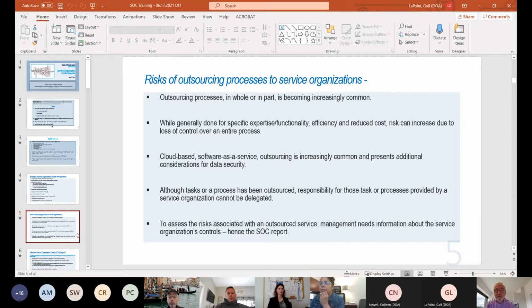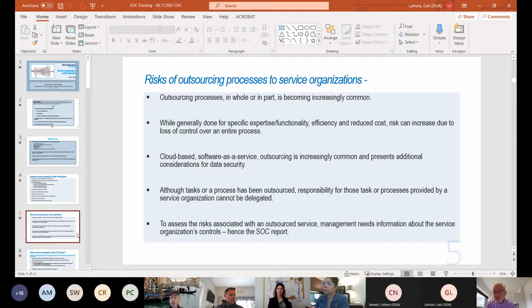So what are some of the risks of outsourcing processes to service organizations? As I said, it's becoming increasingly common. While generally done for expertise, functionality, efficiency, and reduced cost, risk can increase due to loss of control over an entire process, and that's where the SOC report comes in. You're delegating this process to someone else, but your responsibility for knowing what's going on for that contracted activity doesn't end. We talked about cloud-based software as a service situations, which are growing.